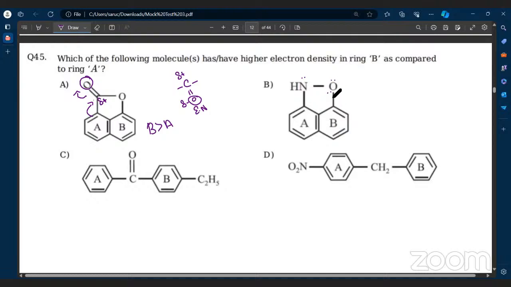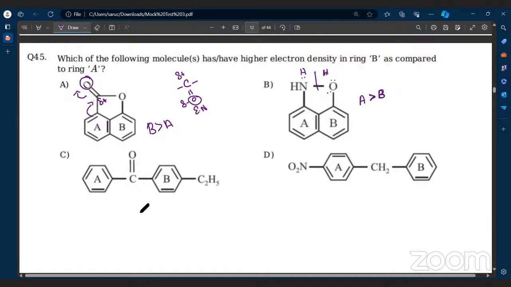So oxygen will pull more electrons than nitrogen, and also I can say that NH2 is the more activating group compared to OH, right? If I break this and put hydrogen over here, NH2 is more activating than OH. So here A is going to be more electron dense than B.